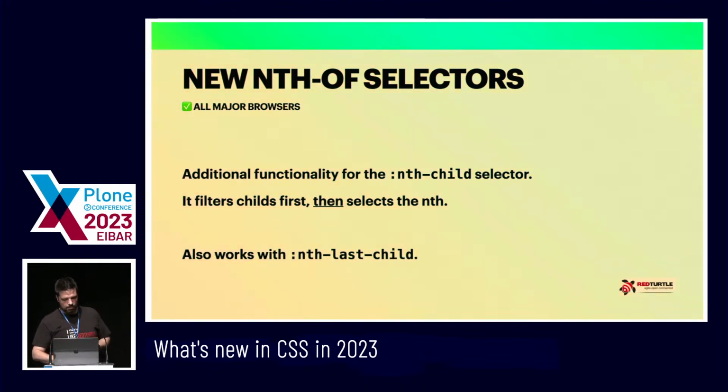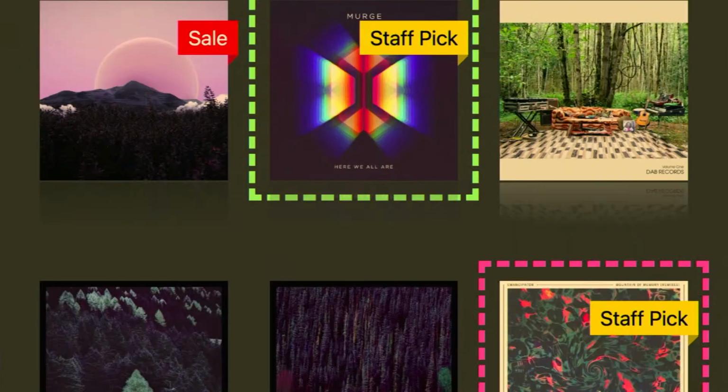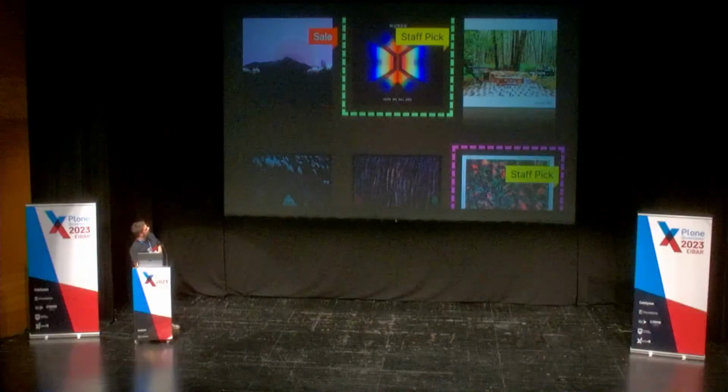Basically, this is a display of, I don't know, album covers. The ones with the staff pick label, the yellow one, have the highlight class in their HTML markup. And the staff pick label is applied via the highlight class.